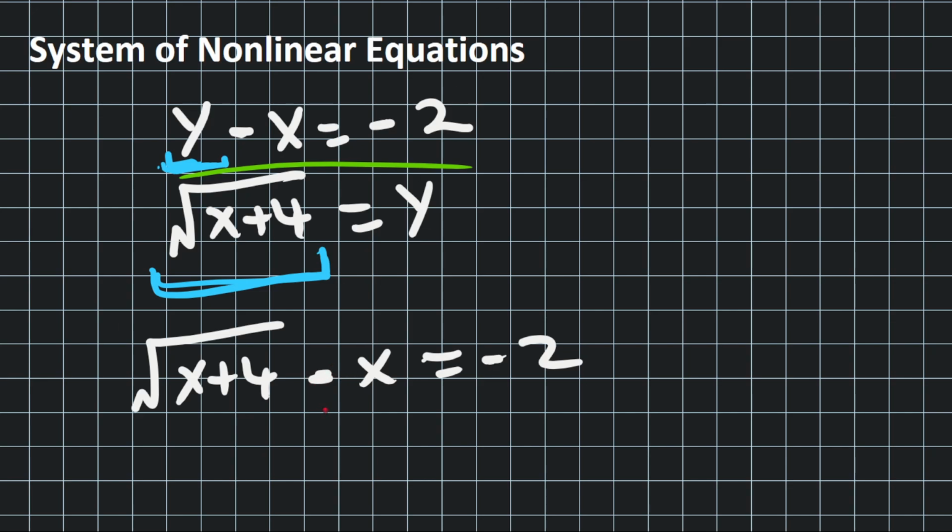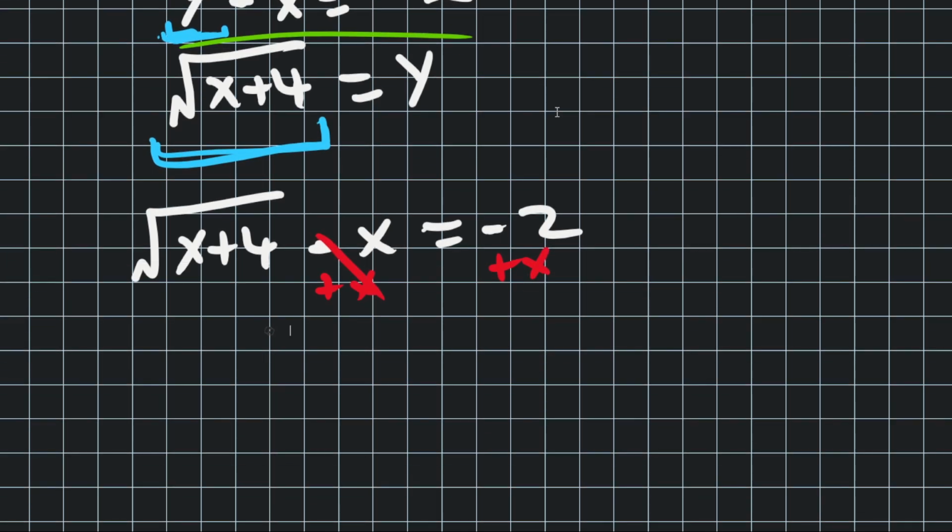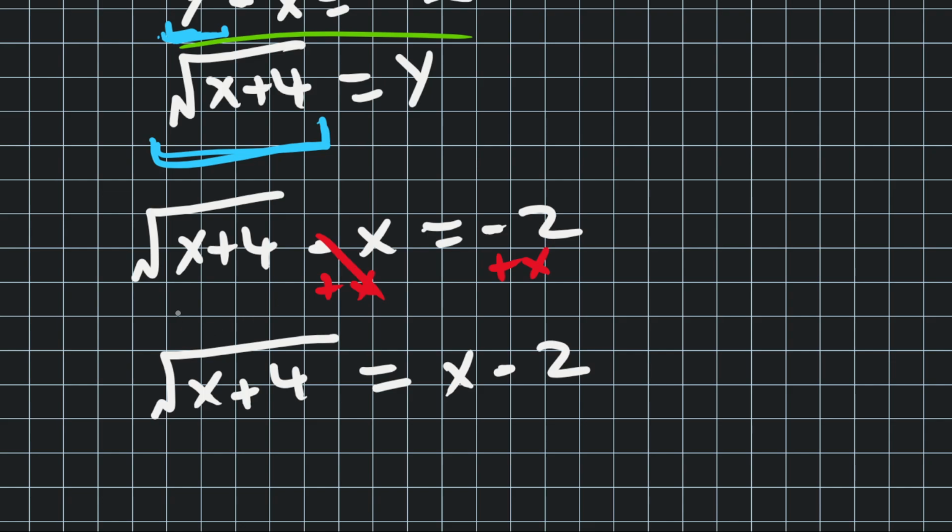We can go ahead and just move the x to the other side. And the reason we want to do that is we want to get the radical isolated, x minus 2, because once the radical is isolated, we can square both sides. So let's go ahead and square both sides.